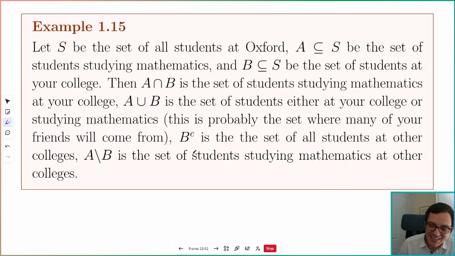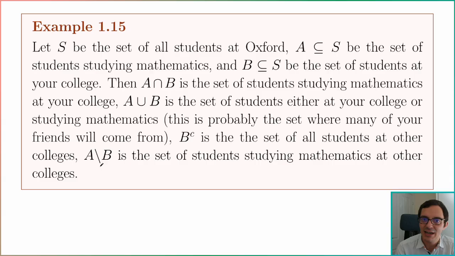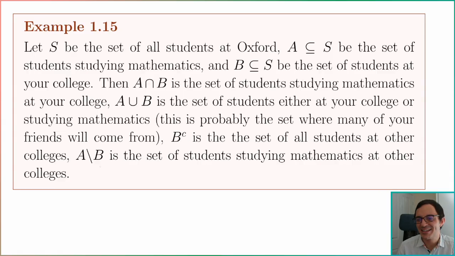B complement is the set of, let's think, so B was the ones at your college, so B complement is the students not at your college, and the set difference A minus B is the set of students studying mathematics at other colleges who you meet at lectures, not to be confused with the set B minus A, which is the set of students at your college not studying mathematics, who might be living next door to you. Right, okay. Applications to life at Oxford, there you go.